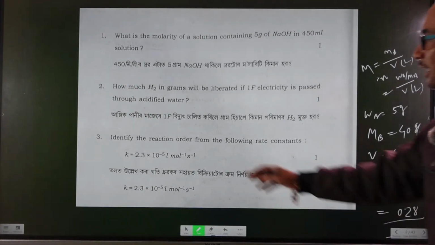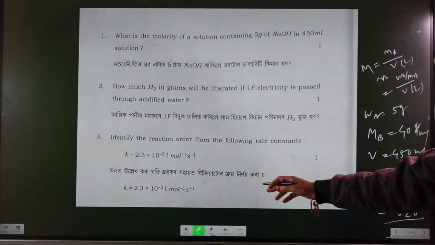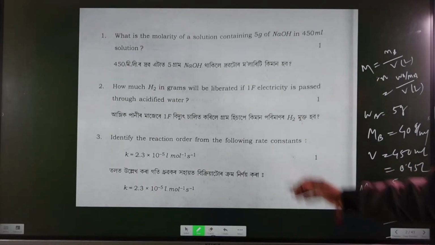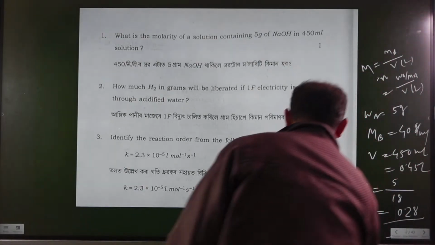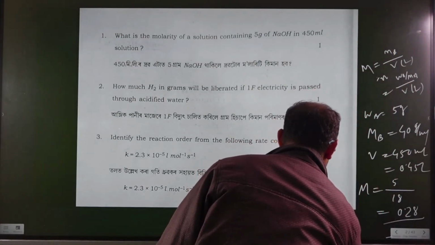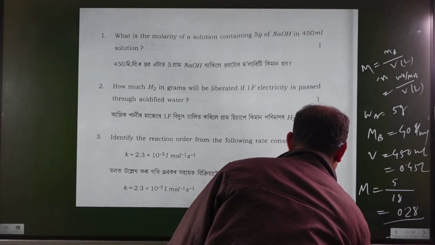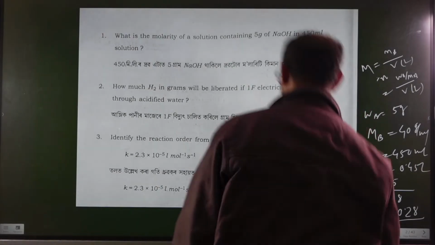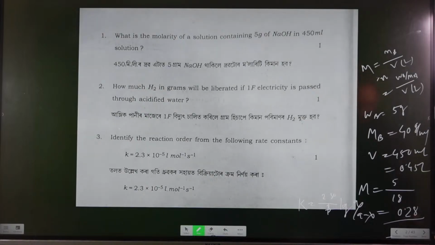Similarly, in the third question you can get the rate of the reaction using the kinetics equation for a first order reaction, K is equal to 2.303 by t, log to the base 10 of a by a minus x. Using this expression you can get to know the order of the reaction.